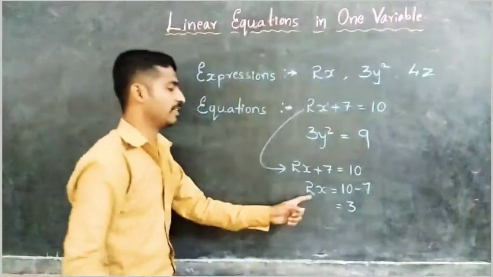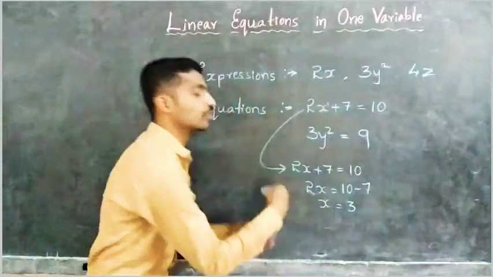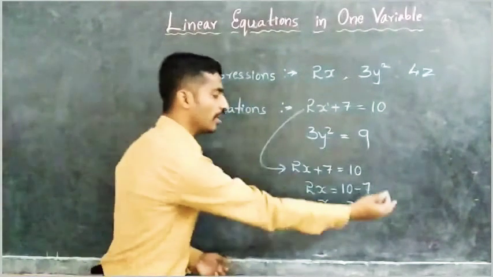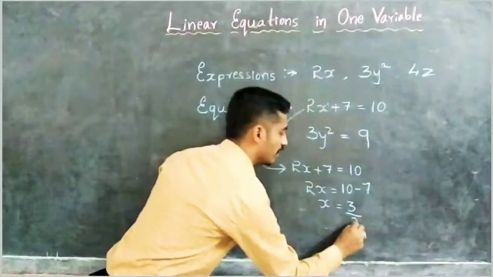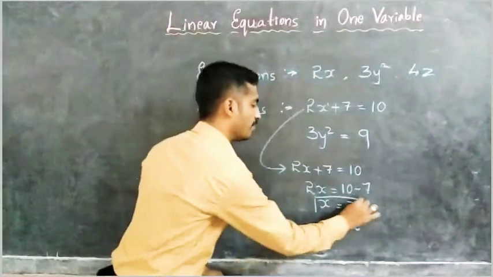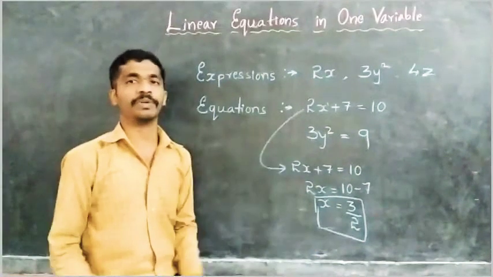Here 2x means 2 into x, so taking 2 to that side, 2 is multiplying, so on the right side it becomes division. So x value is 3 by 2. This is our solution for this equation.